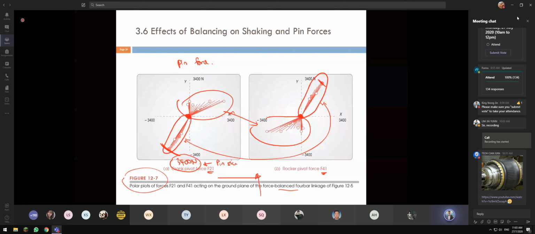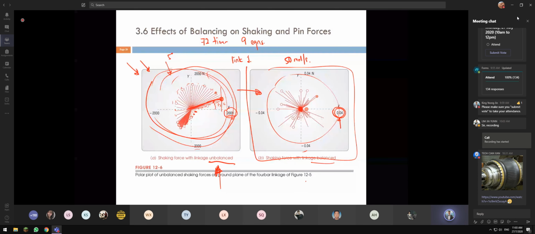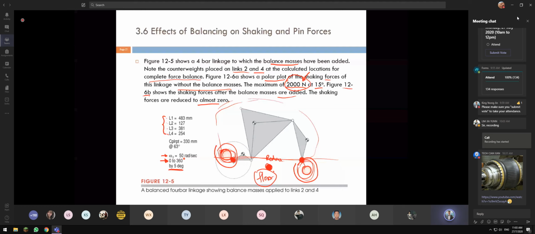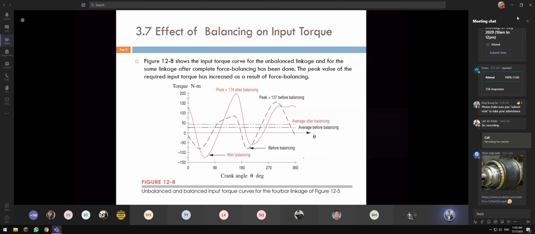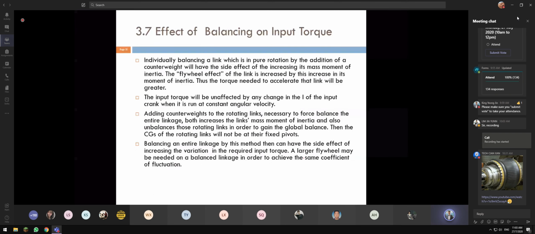So that is regarding the force on link 1, O2, and O4. There is another balancing issue, which is actually on the top, the T12.